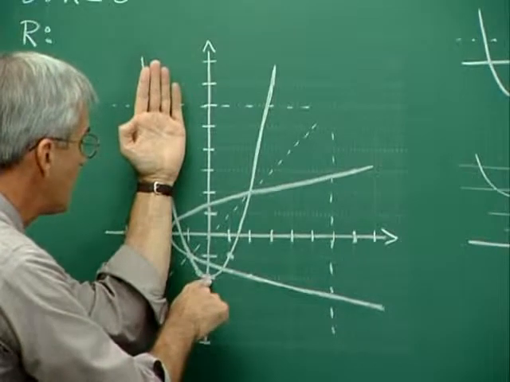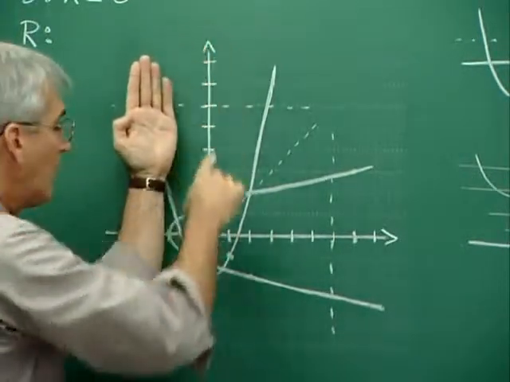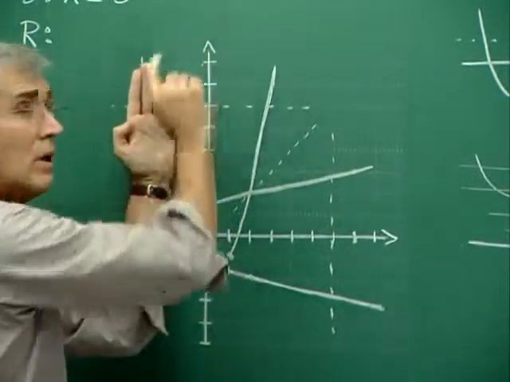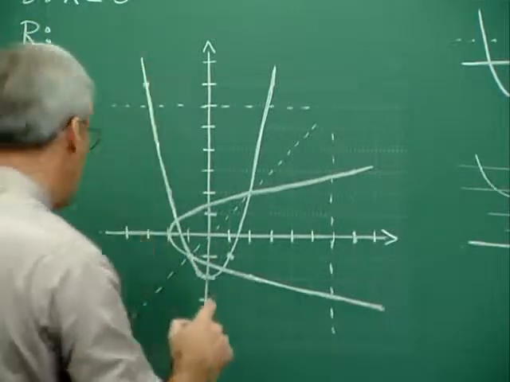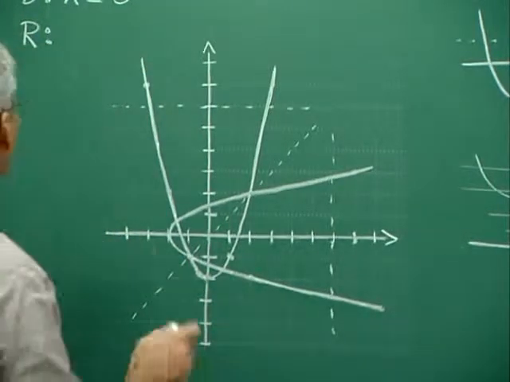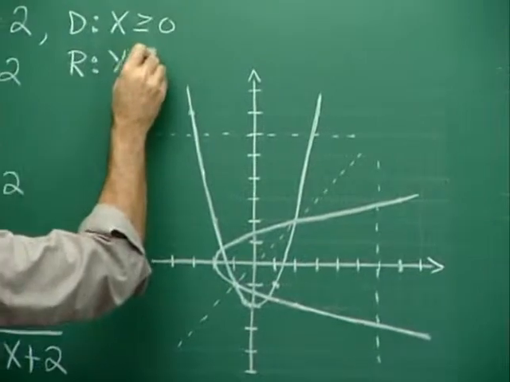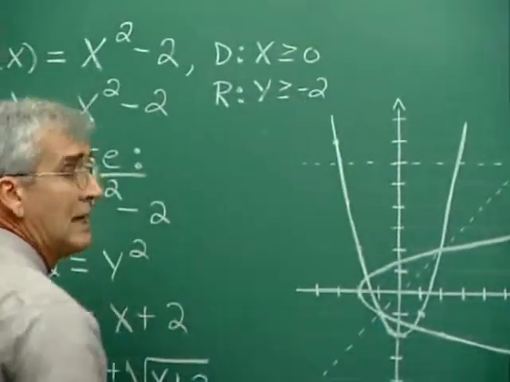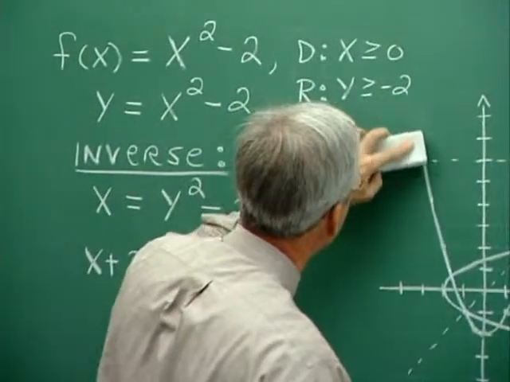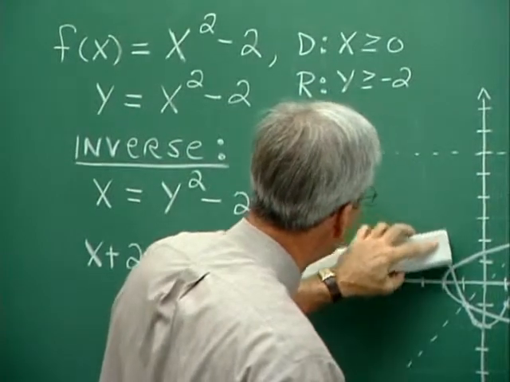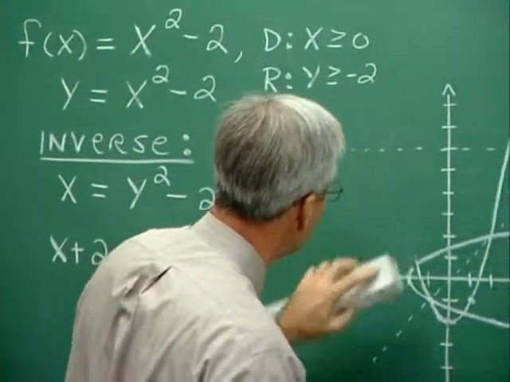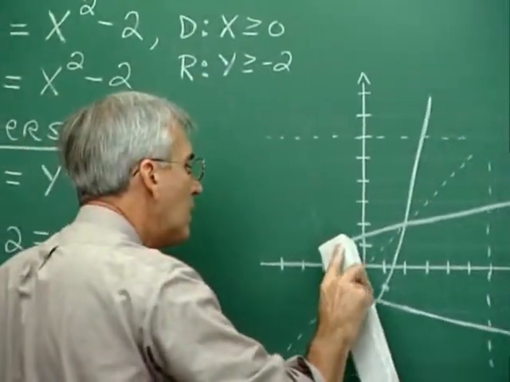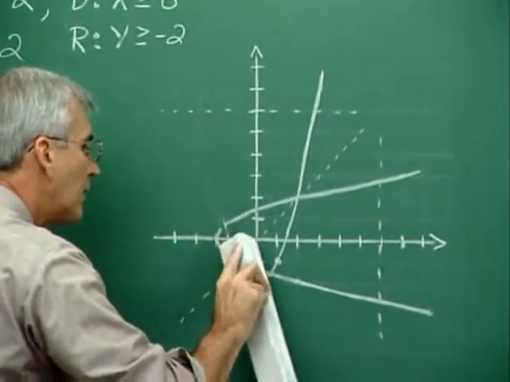Well, it's y values from here all the way up. So it's y values from -2 to infinity, so greater than or equal to -2. So I'm going to write y is greater than or equal to -2. Now, graphically, here's what I've got. I've limited the domain, so this part of the graph is no longer valid. It's out of here.